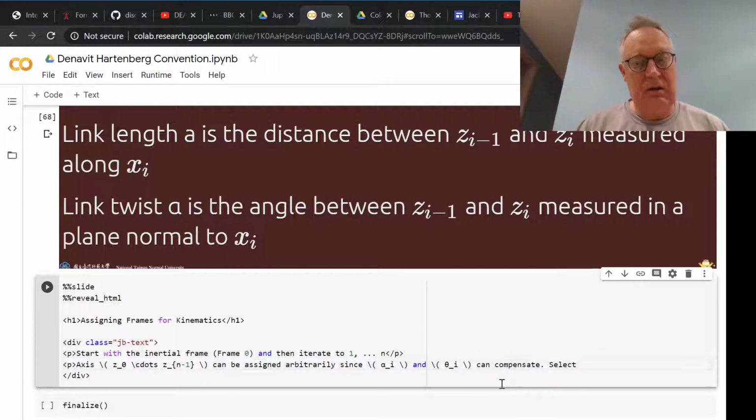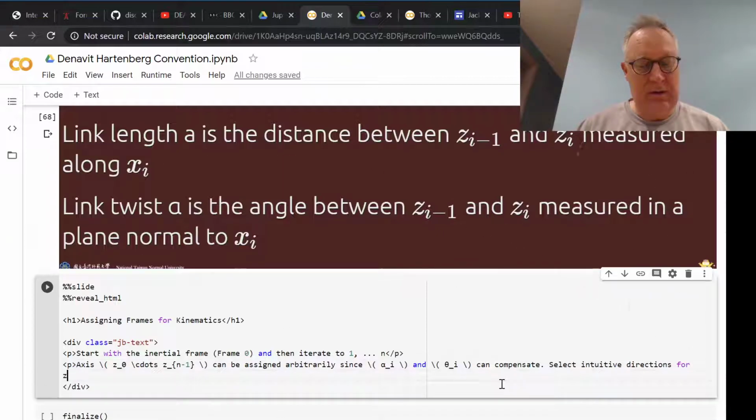So we pick intuitive directions for Z0 to Z n minus 1.